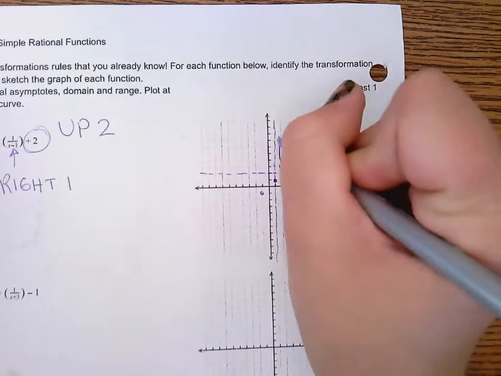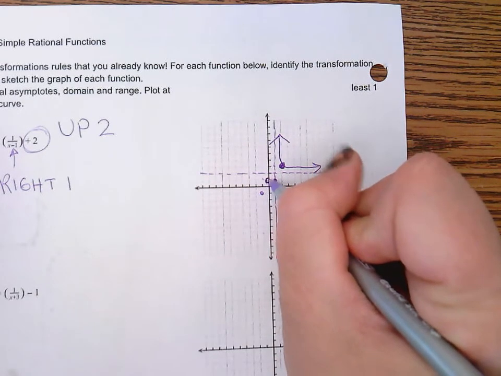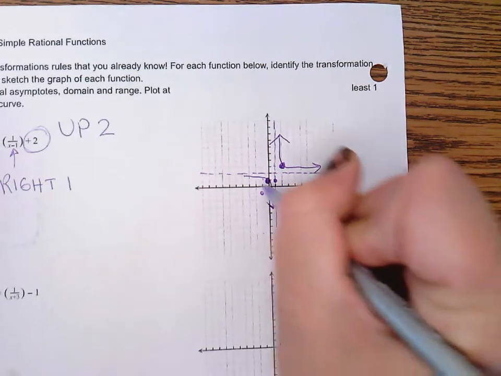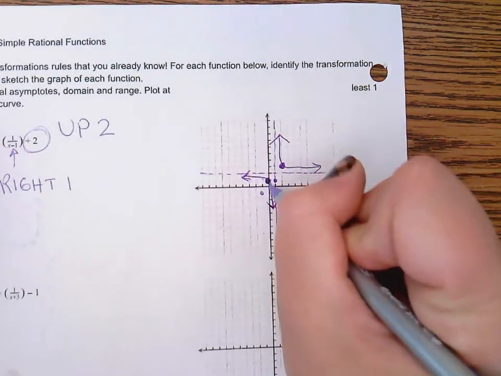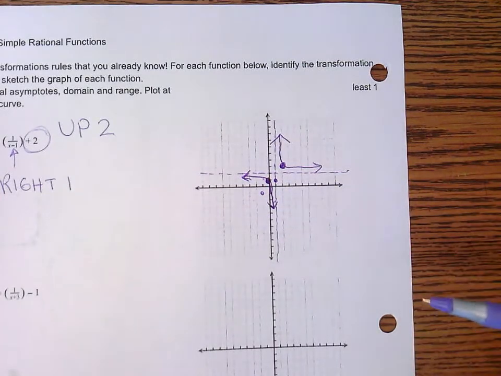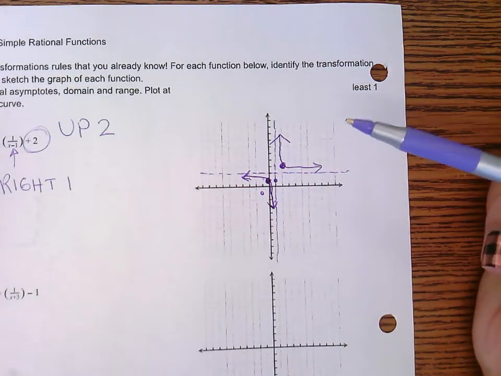So there's the top part of my graph. Up 2 and right 1 puts me right here. So there is the other L-shaped part of my graph. So it's basically just shifting the parent function from the front page, shifting the asymptotes and those 2 key points, right 1 and up 2.